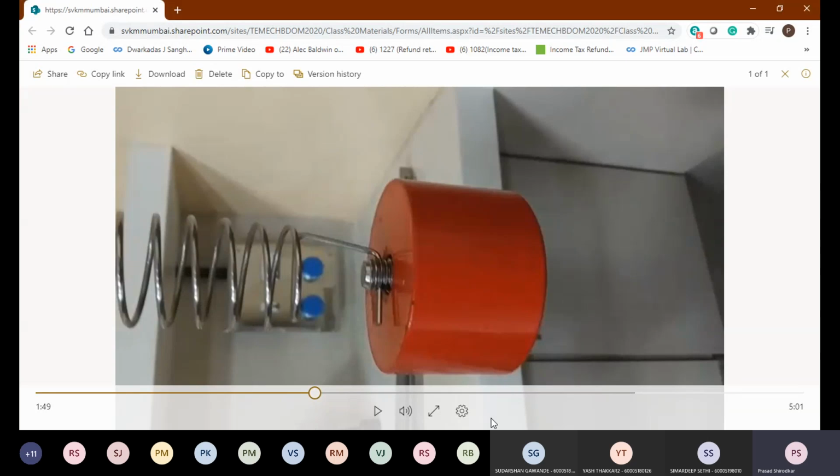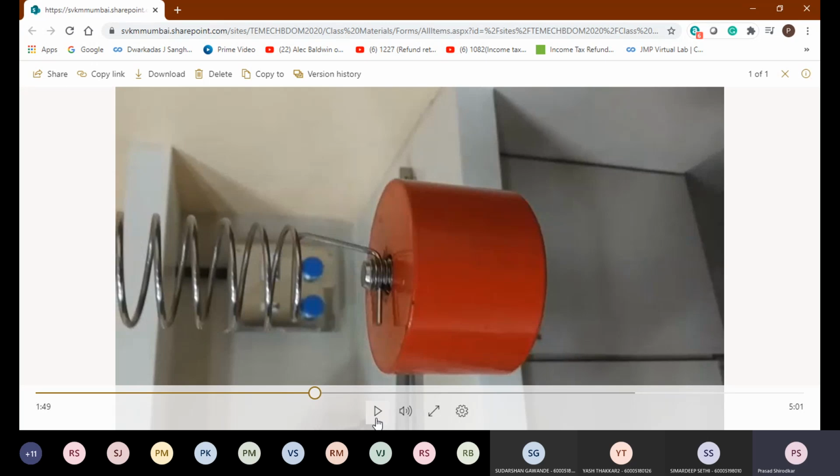All right, let's continue. The next step is that we are going to give some oscillations. Now you have to measure the time for, for example, 10 oscillations. So measure the time for any 10 consecutive oscillations.